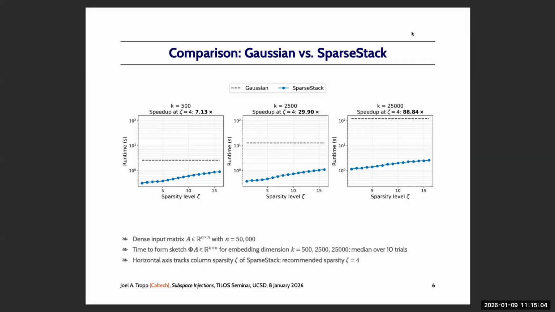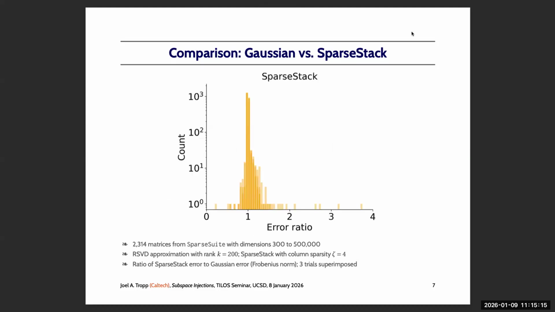So this just speaks to the speed. It's unsurprising that applying a sparse matrix is faster than applying a dense matrix. But did we lose anything? This experiment shows what happens if we do matrix approximation using sparse random matrices as compared with dense random matrices.